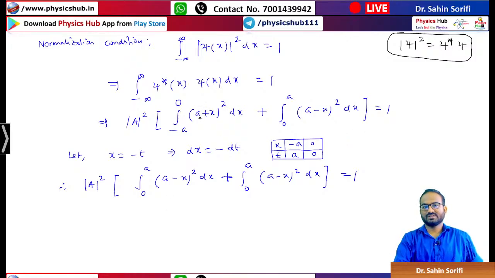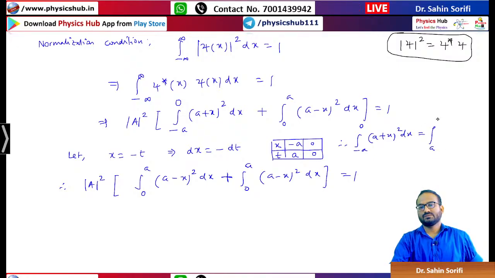After replacing this, let's say this first integration will become minus a to 0, (a plus x) square dx. This becomes a to 0, (a minus t) whole square, dx is minus dt. So this is equal to 0 to a, (a minus t) mod square dt.